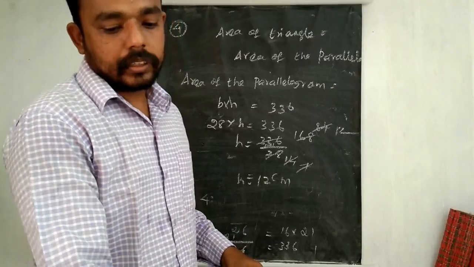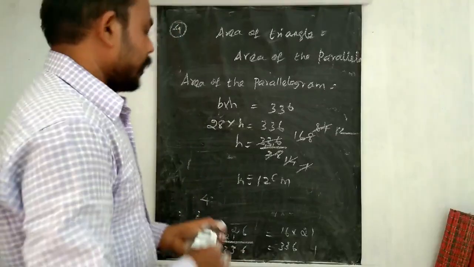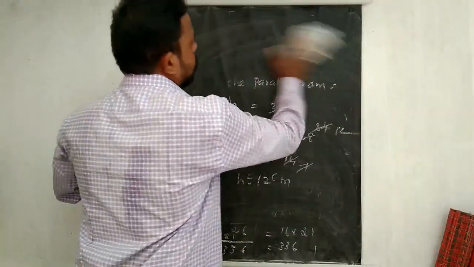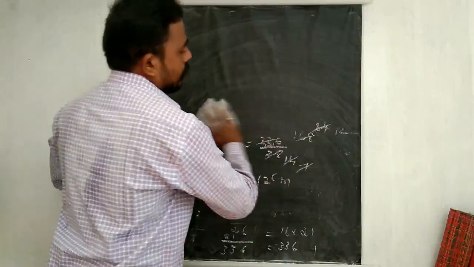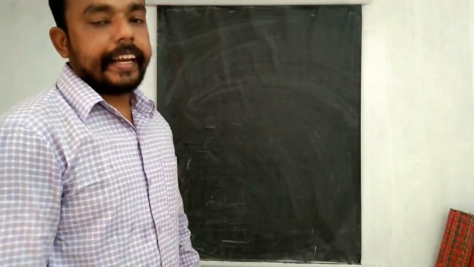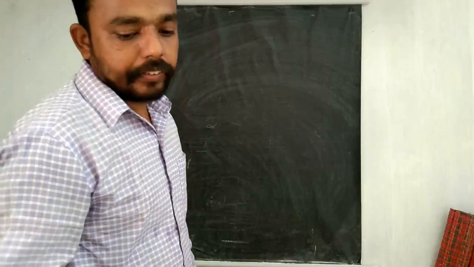Similarly, next question, a rhombus. A rhombus-shaped field has green grass for 18 cows to graze, with each side of the rhombus 30 meters.